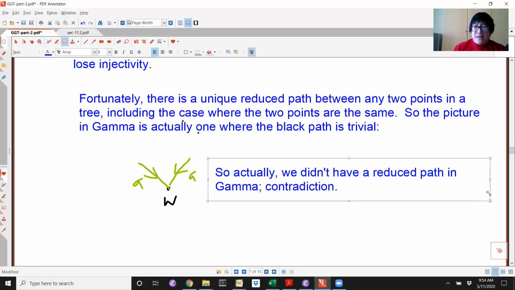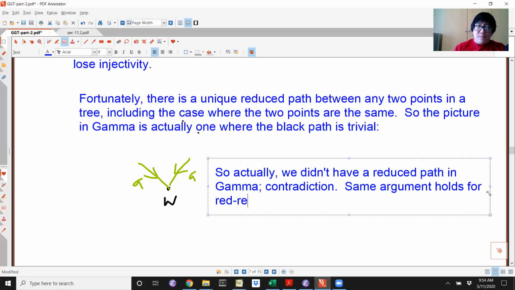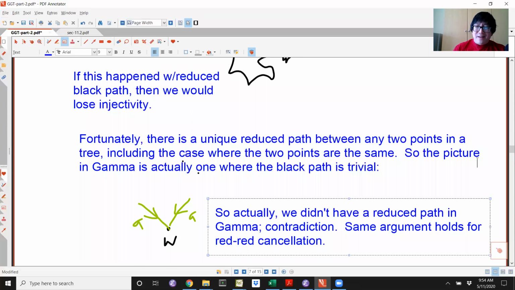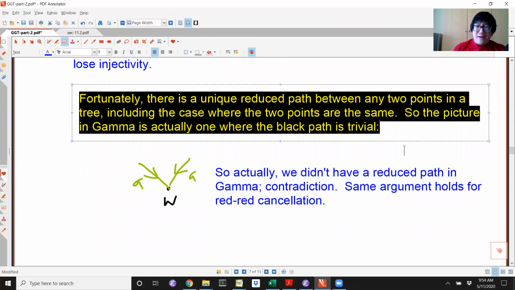And actually, I guess the same argument holds for red cancellation. And are we done? I guess we're done.